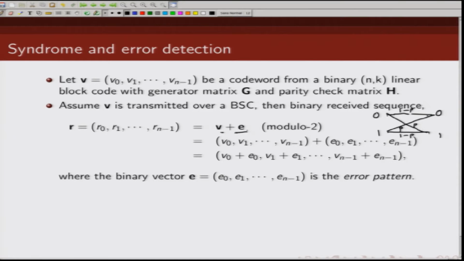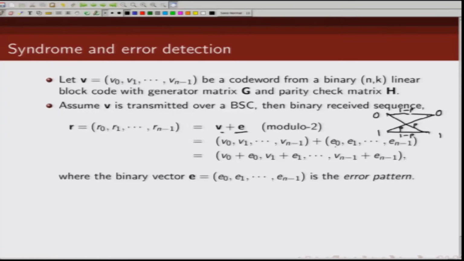Our transmitted code word is an n-bit tuple. Similarly, our error vector is also n bits. We describe our error vector by E0, E1, E2, up to E(n-1), and whenever an Ei term is 1, that means that particular bit was not received correctly.